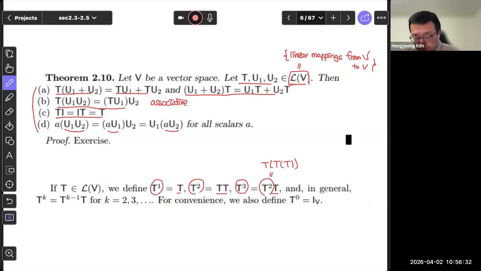And in general, T to the k is defined by this. And for convenience, we will define that the zeroth power of any linear transformation T will represent the identity mapping.